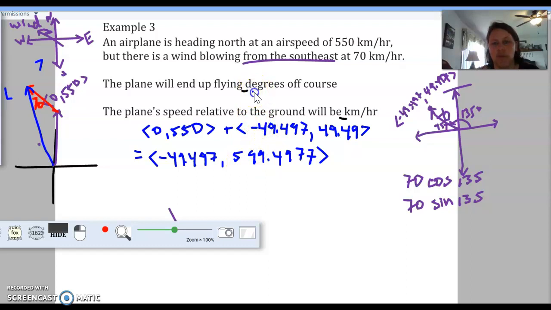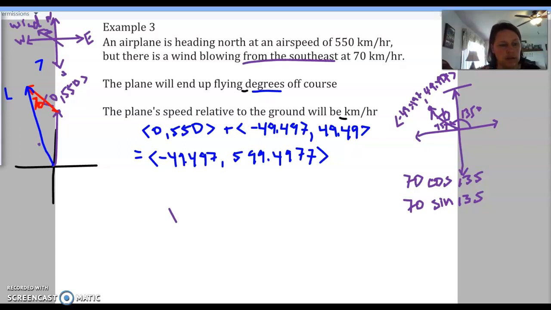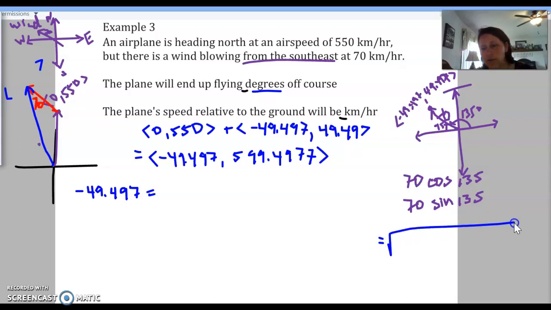Now we want to know how many degrees off course it is. That means I need to find the theta value. Well, I know what x is and I know what y is. So let's go ahead and use those to find what theta is. So x equals negative 49.497, and that's equal to, oh, we need our magnitude. Let's come over here and find our magnitude really quick. So our magnitude is going to equal the square root of x squared plus y squared.